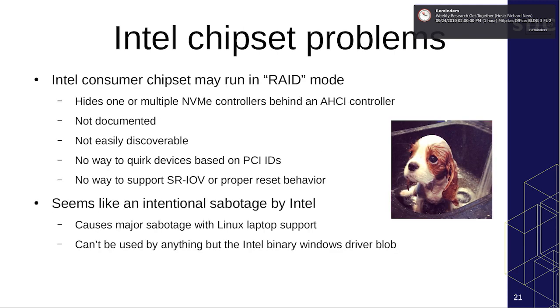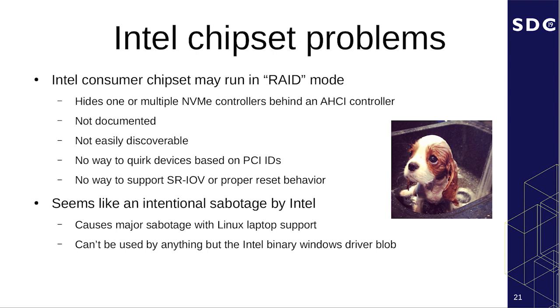Well, and last but not least, we have the sad puppy, thanks to Intel. One of our biggest issues in consumer NVMe is Intel's chipset division, who's really out there to screw up our life. And Intel has something called the RAID mode. Don't think of RAID because it has nothing to do with that.